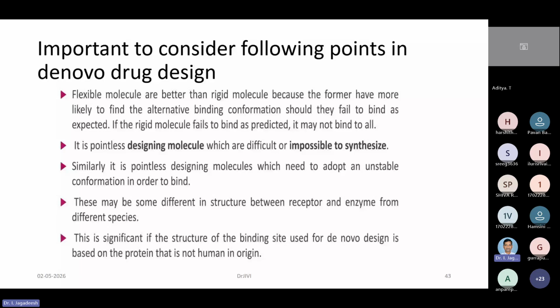The fourth point we need to consider is that there are some differences in the structure of the receptor from different species. Like we are taking a similar insulin receptor of a rat or a guinea pig or human or monkey. So these racial differences and species differences will be present. Even in human beings, we have so many polymorphisms in the enzymes.